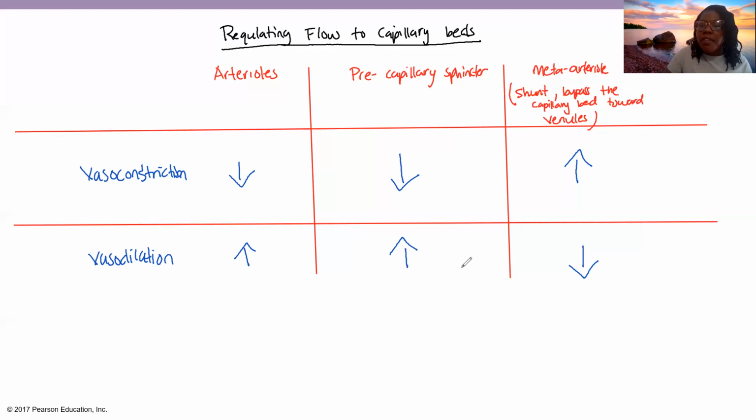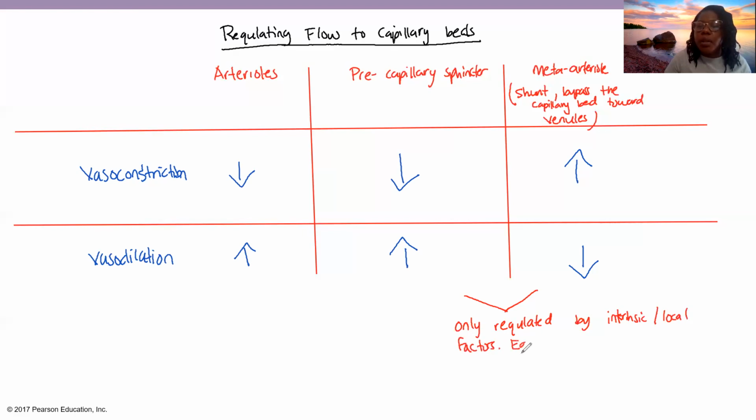Let's also kind of talk about the factors that influence this regulation. So for precapillary sphincters and for meta-arterioles, only intrinsic factors regulate this flow. So only regulated by intrinsic or local factors.